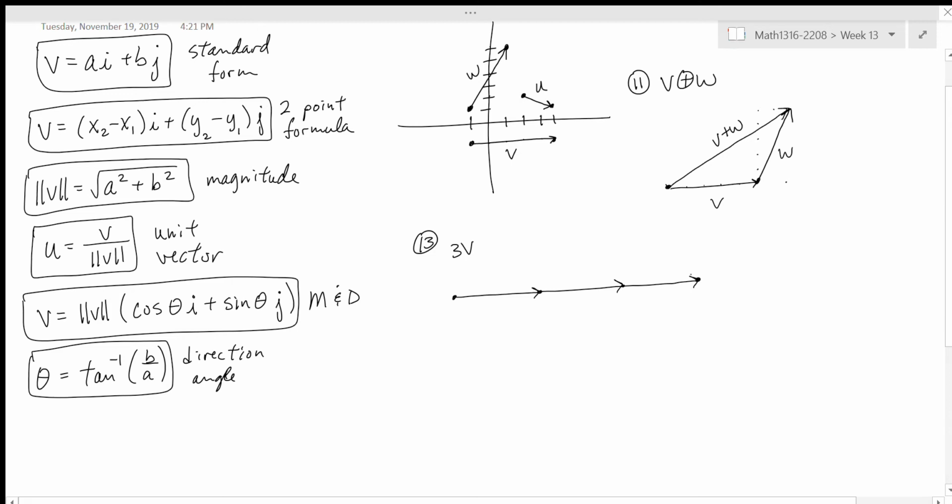So do y'all see if you multiply a vector by a number? Y'all might want to write this down too. What I'm about to say is important. They call that scalar multiplication. Multiplying a vector by a constant. All it does is it increases the length of the vector.